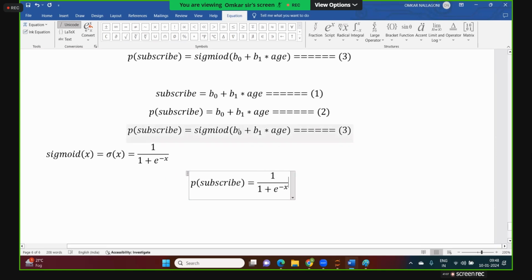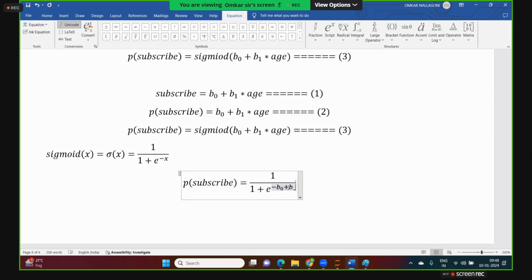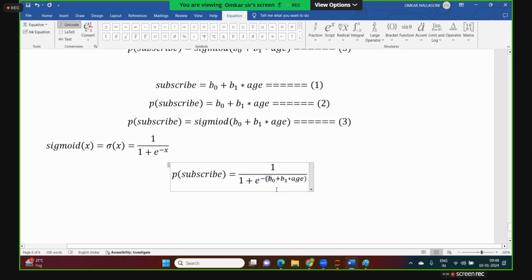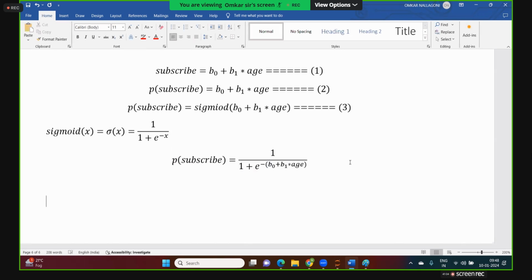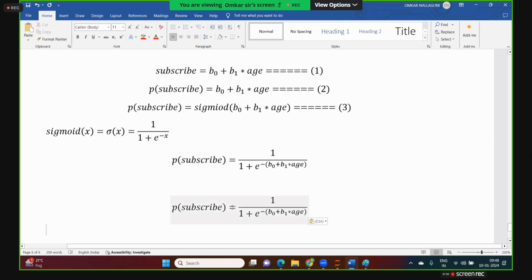Now this beta naught plus beta 1 into h, we will write here: beta naught plus, I will put brackets also, h. That means the regression equation you are applying inside the e power minus x here. So finally the equation looks like this.